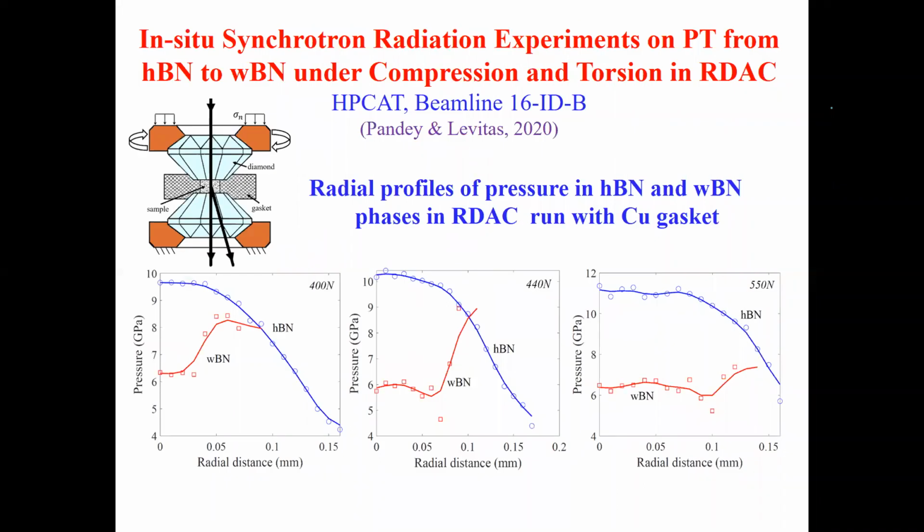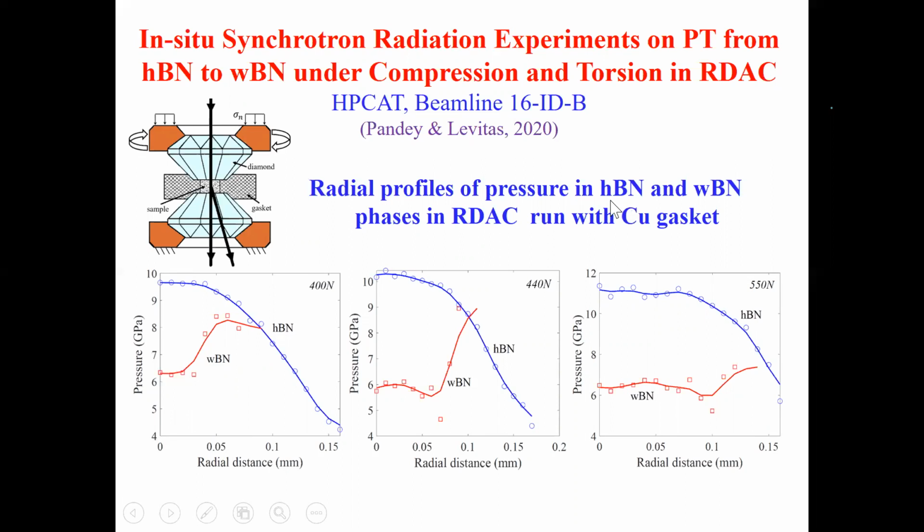So what do we measure? We use in situ synchrotron radiation to measure the X-ray diffraction pattern. Based on them, and here based on equation of state, we measure the radial distribution along the sample radius of pressure within each phase, averaged over the sample thickness, but in each phase separately.